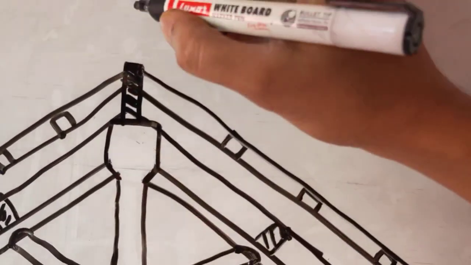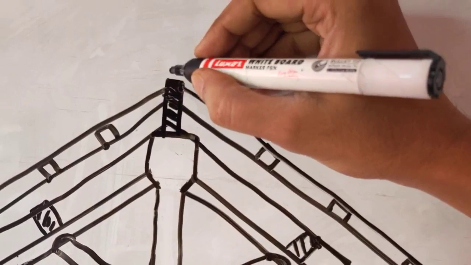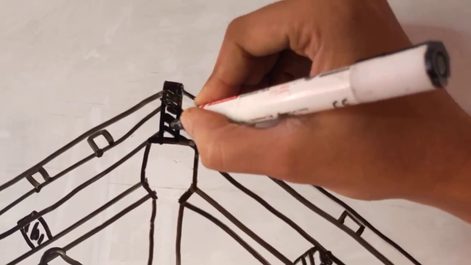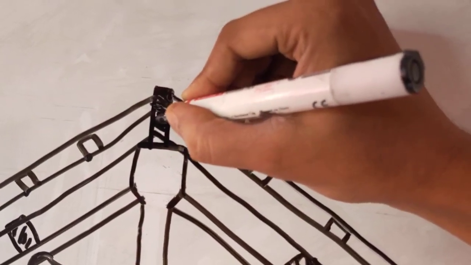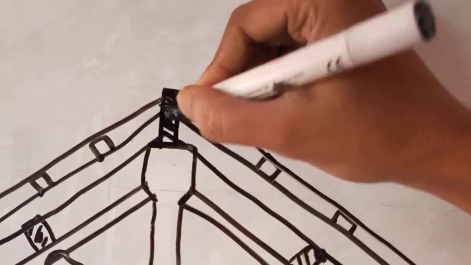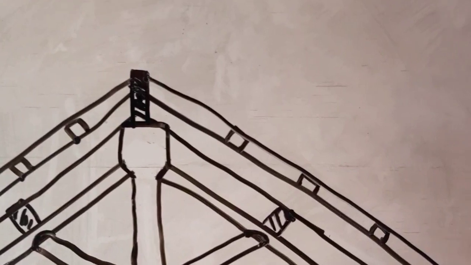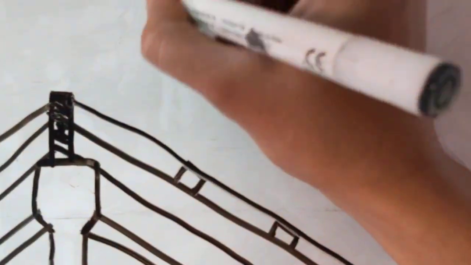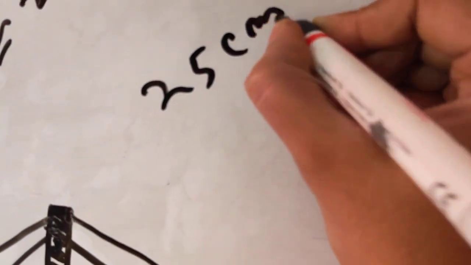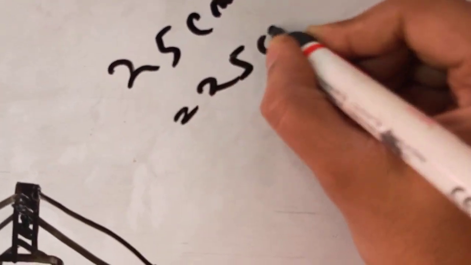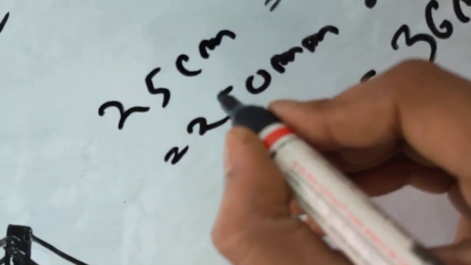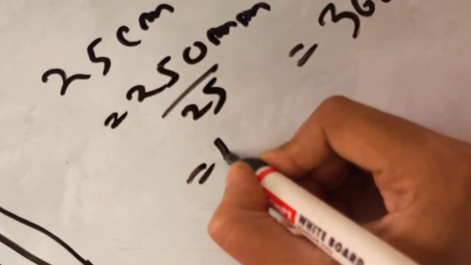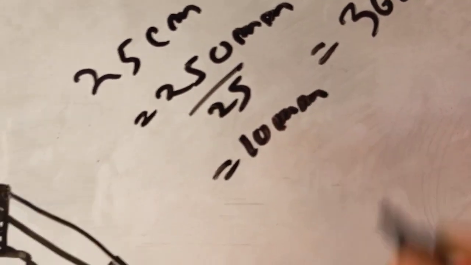The ridge cover is to be provided. To draw the ridge cover, we'll have to take this center from this and center from this. You look at the midpoint, center point of this rectangle, and you draw one arc of 25 centimeter radius. 25 centimeter means 250 millimeter actual dimension. Our scale is 1:25, so the radius that you are going to draw is 10 millimeter.